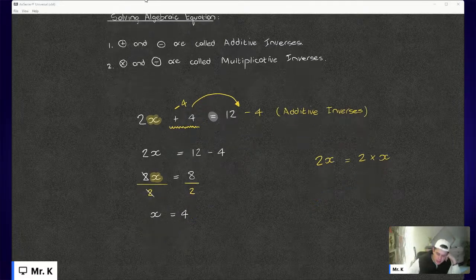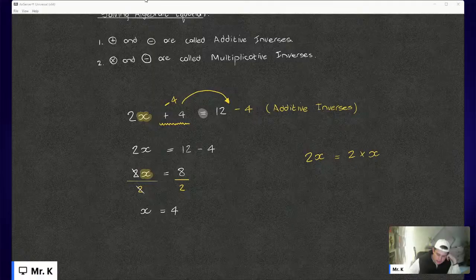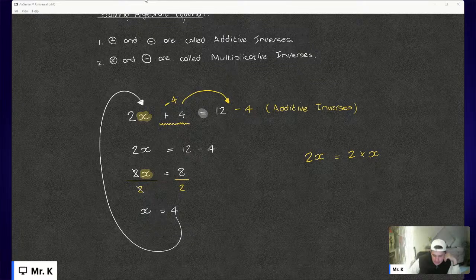You shouldn't see any of this as new work. And you obviously should also know by now, grade 9s, that I can take this x value back to the beginning and substitute it into x's place in order to check whether or not the left and right hand side of my equations are equal to one another. If they are equal, it means that you've solved the equation correctly.